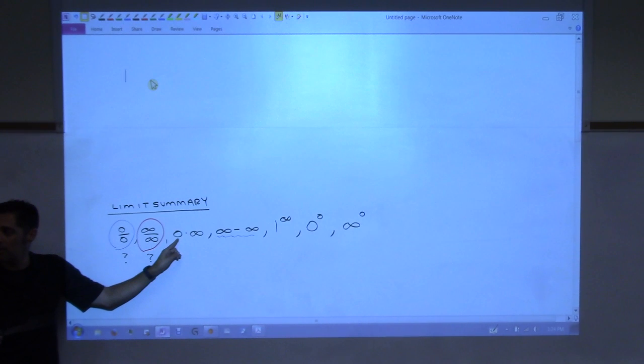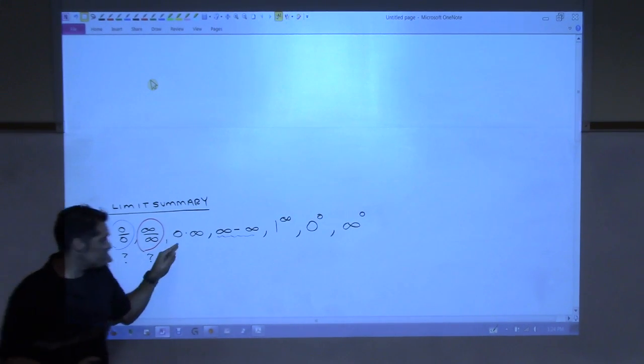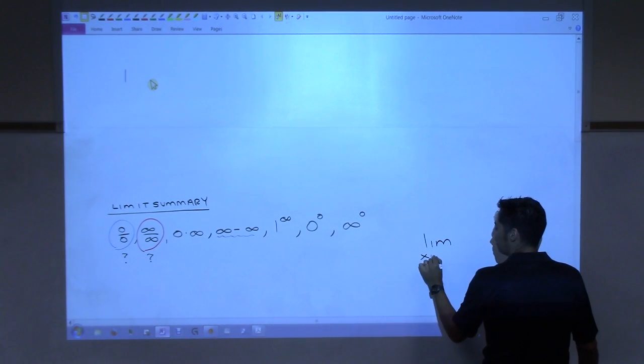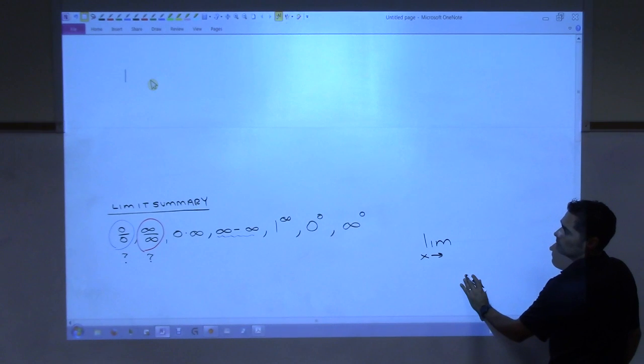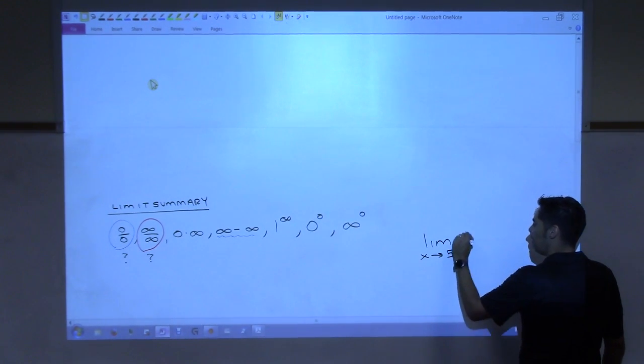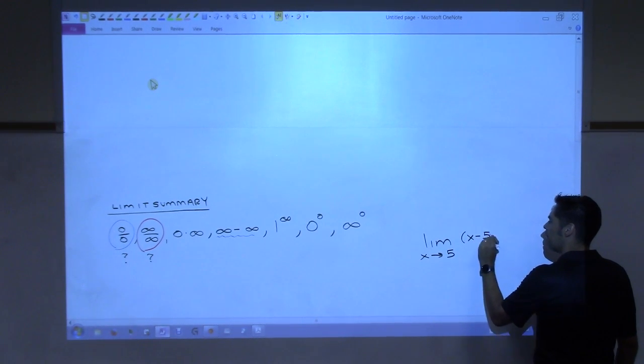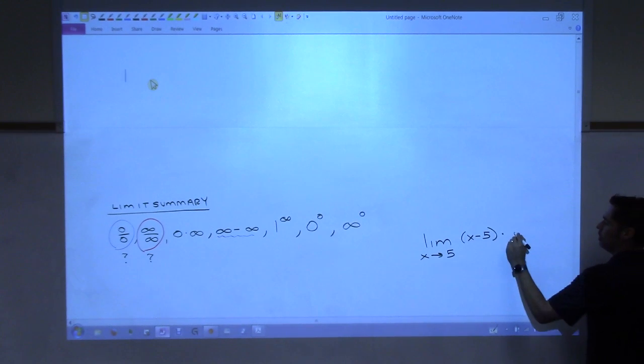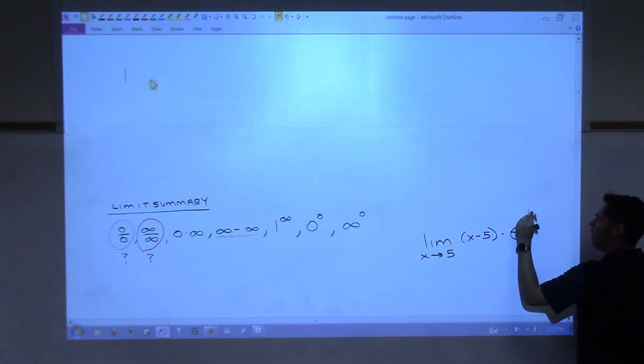What I'm saying here, and this is why I said it in the beginning, so make sure you understand: when I take the limit of something, it's going to 0. Let me write an example right here. Limit as x goes to, well, I haven't used infinity in this class yet, so how about this? (x minus 5) times, okay, I'm making this up on the fly, e to the 1 over (x minus 5).